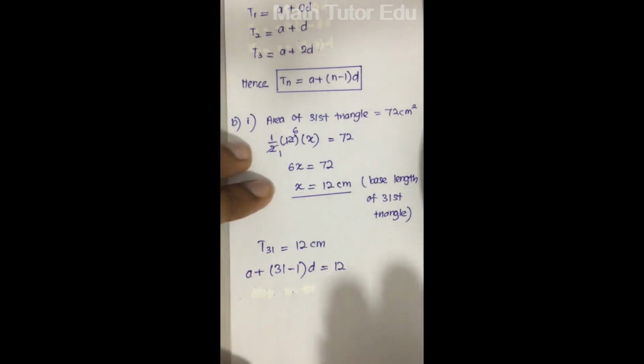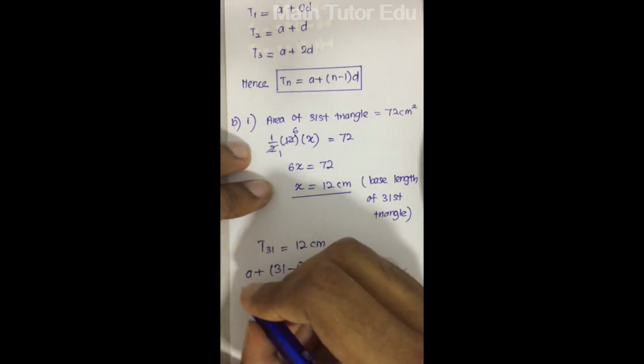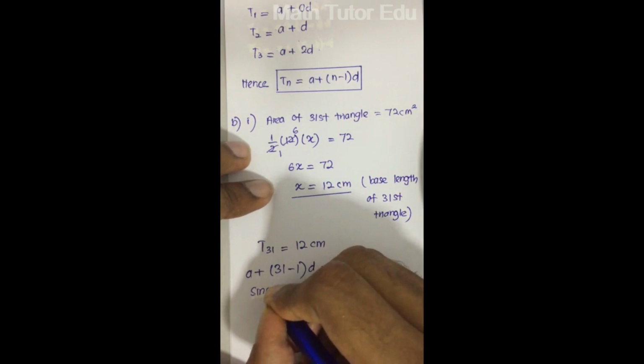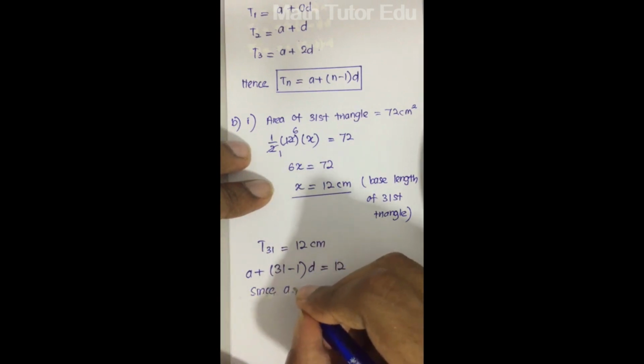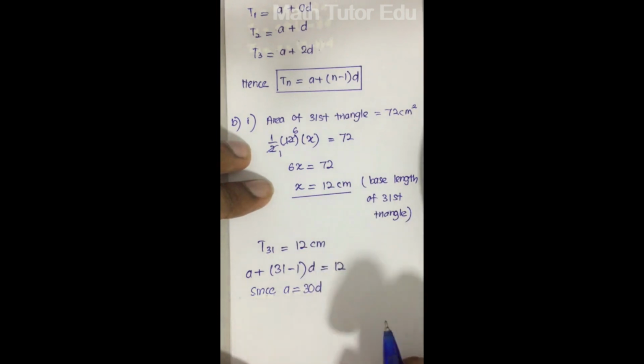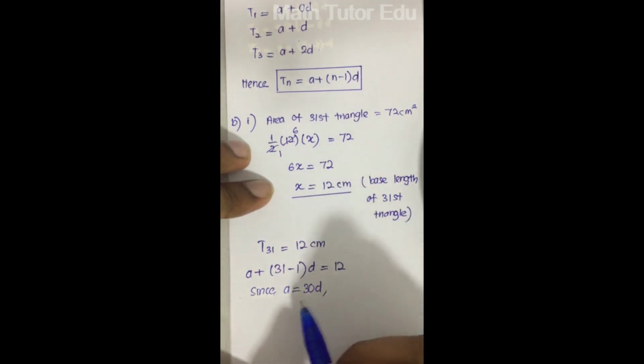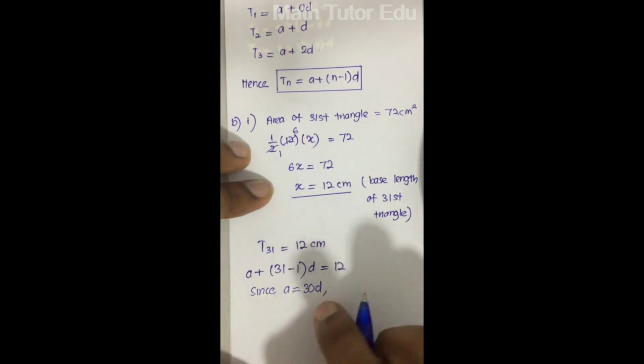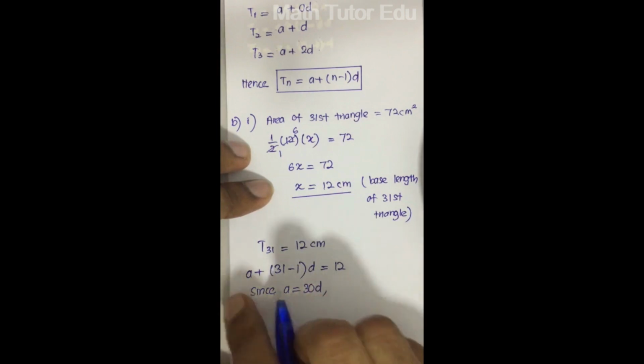Let me write the equation here. Since a is equal to 30d, in this case 30 times the common difference, we're going to substitute a as 30d over here.